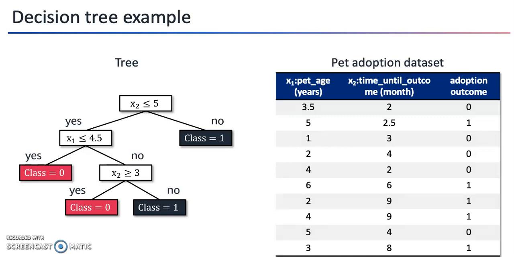The condition you see here at the top is about whether or not the feature X2, which has to do with that residence time until adoption, is less than or equal to 5. That's a condition on that second column.